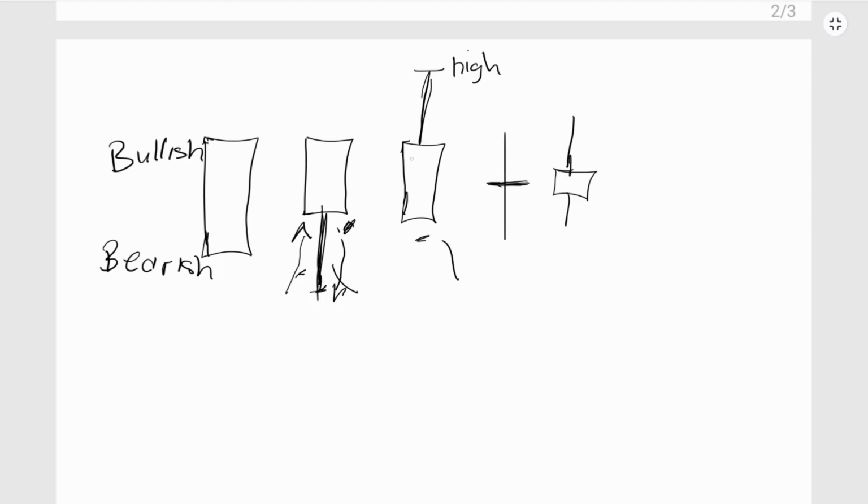Then there are some candlesticks you are going to find that look like this. With this type of candlestick, it means the buyers and the sellers are kind of battling, fighting, and nobody actually won. Here the opening price is the same as the closing price, so it doesn't matter if it's bullish or bearish.